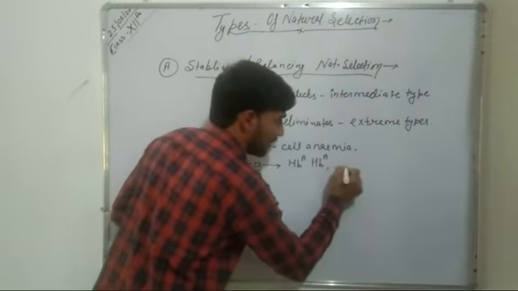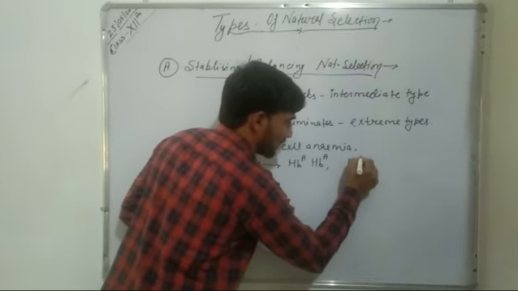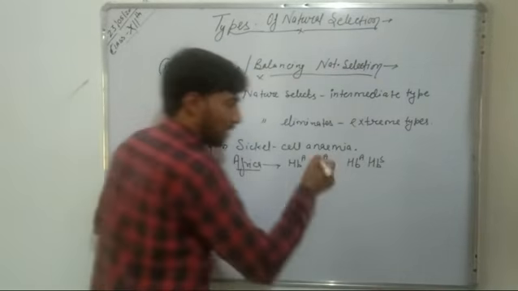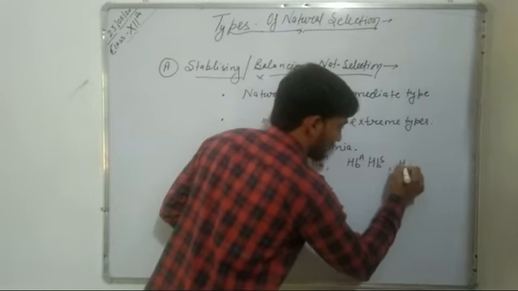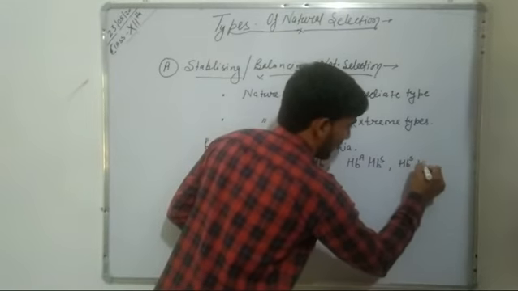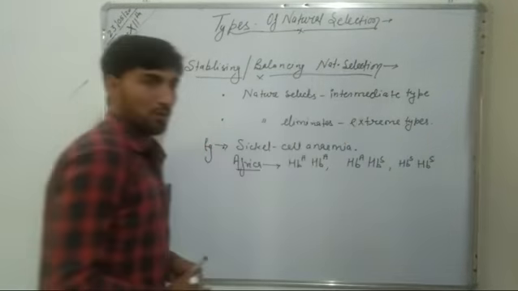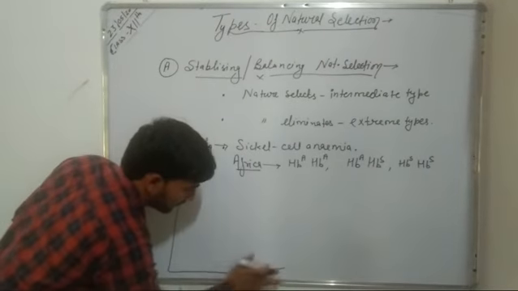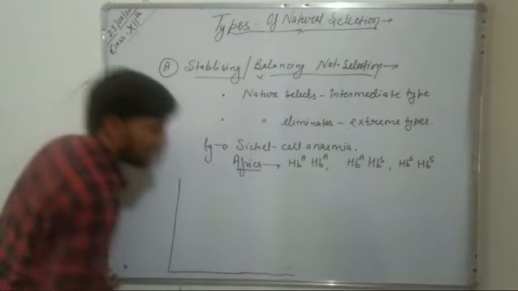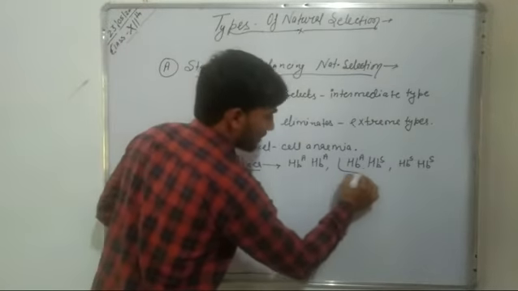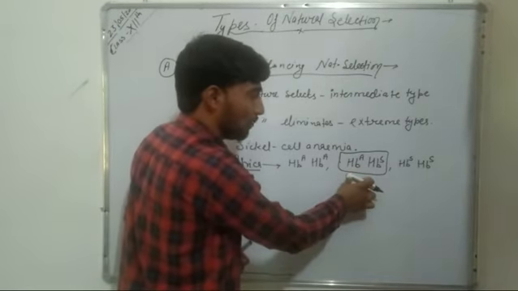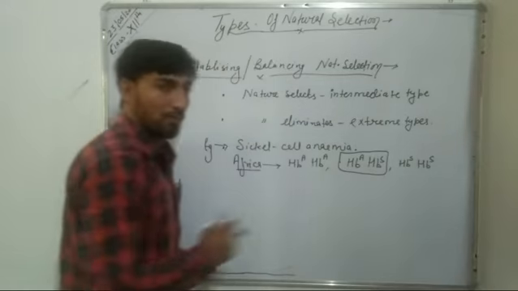Then the intermediate condition, that is HbA and HbS, and again another extreme condition, that is HbS and HbS. So what happens in Africa? Let's see. Because in Africa nature selects the person having this type of genotype. Why? Because they are resistant to malaria.